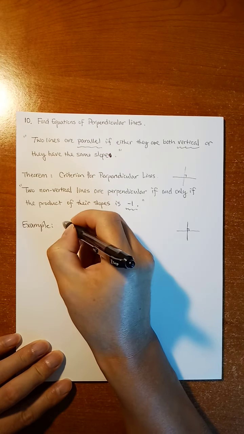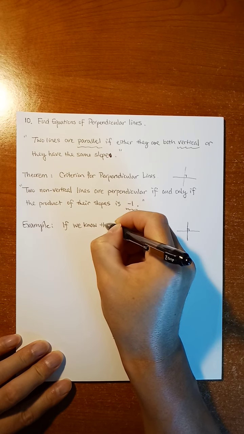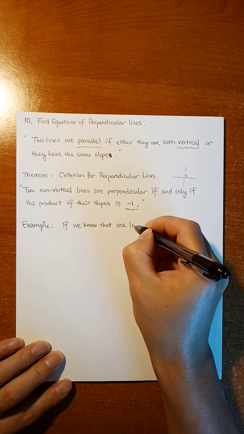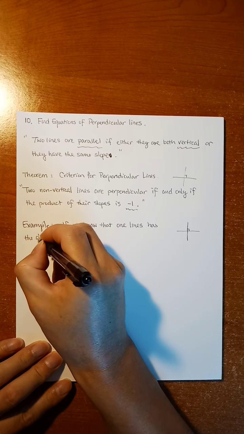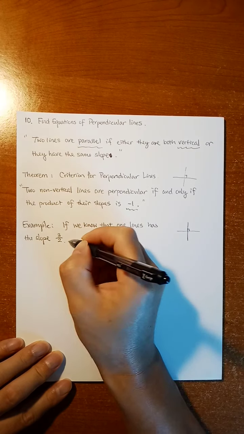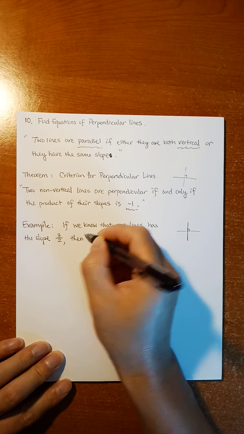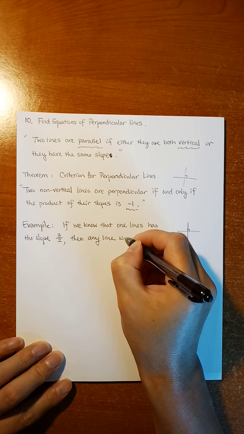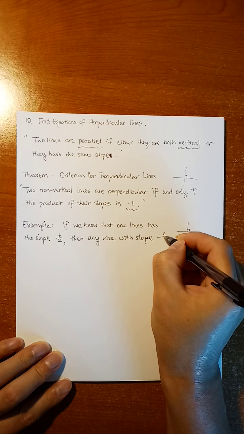First, if we know that one line has the slope 3/2, then any line with slope -2/3 is perpendicular to the first line.